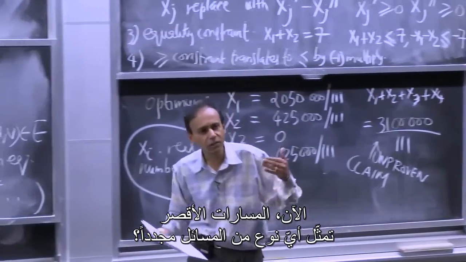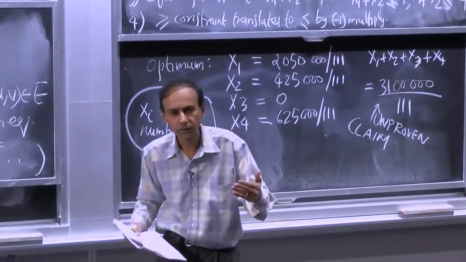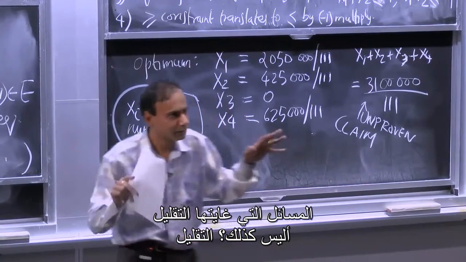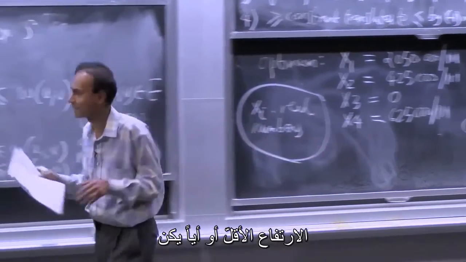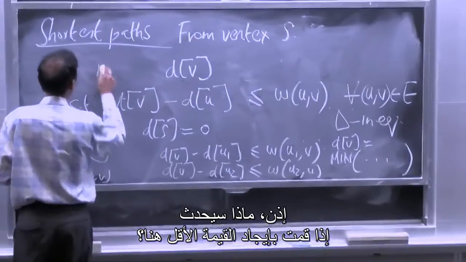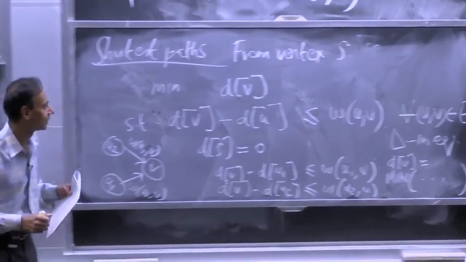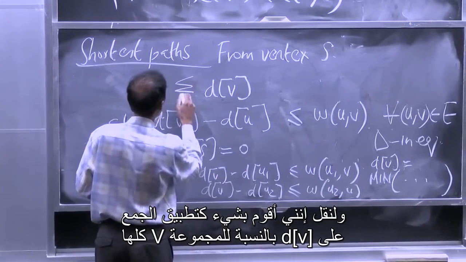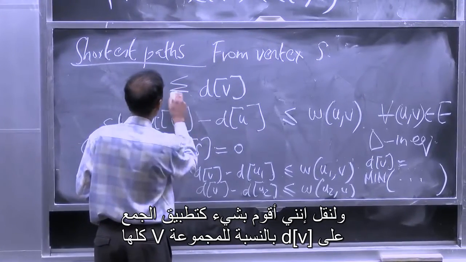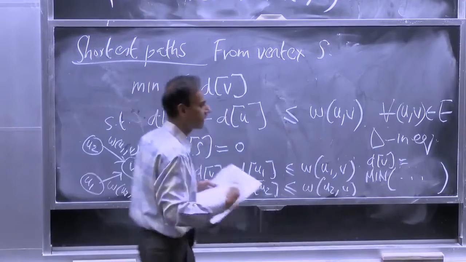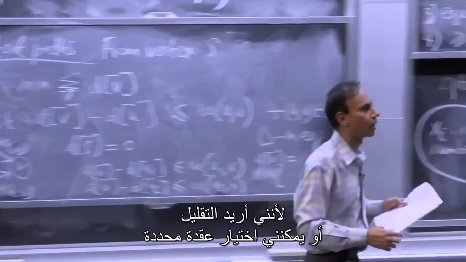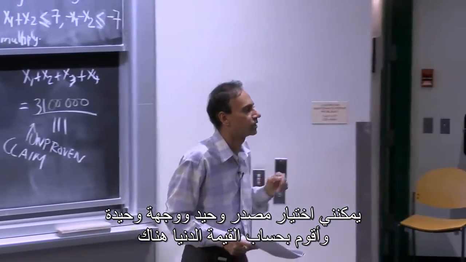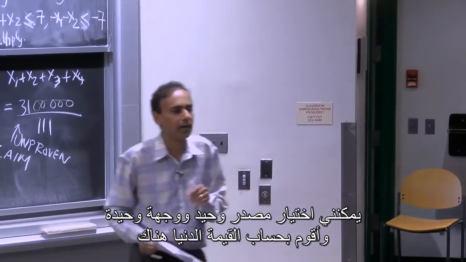Now, shortest paths is what kind of problem again? Short means minimum, right? So what happens if I put a minimum in here? Let's say that I do something like the sum over V in capital V of dV, because I want to minimize, or I could pick a single source, single destination, and put a minimum there.